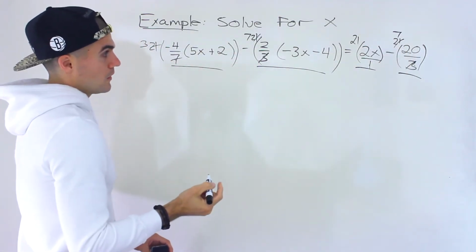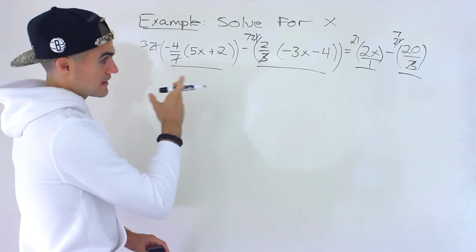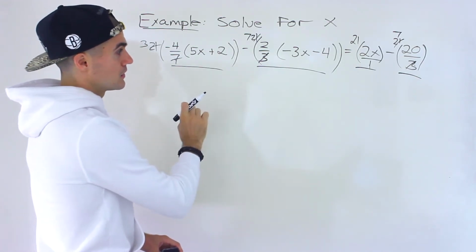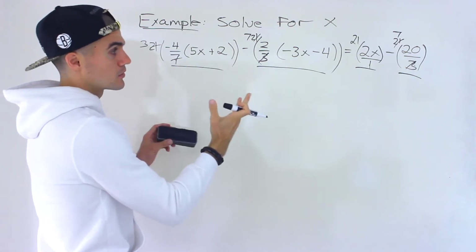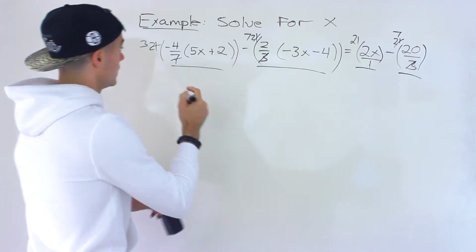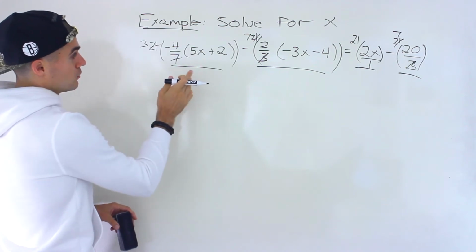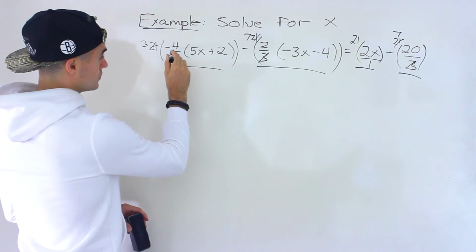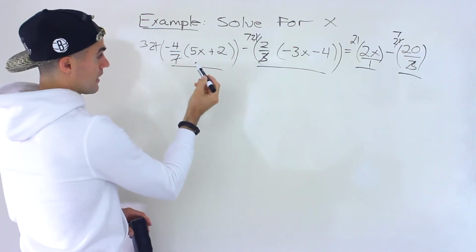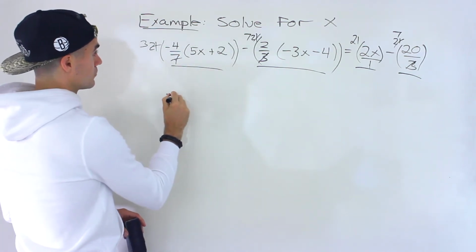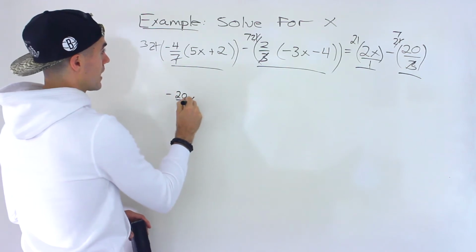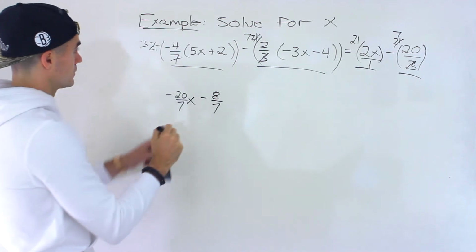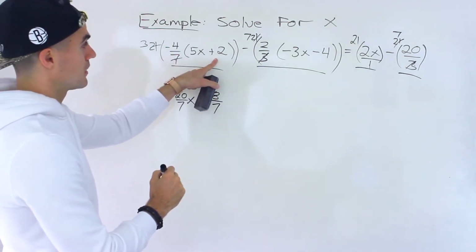So that's one way to go about it, and that's the way I'm going to show you in this video, you would be dealing with just numbers. There wouldn't be any more fractions involved. But if you didn't go about it that way and you decided to deal with the fractions, you would take the negative 4 over 7 and then expand it in the bracket, so you'd end up with negative 20 over 7x, and then you'd end up with minus 8 over 7 when you take the negative 4 over 7 multiplied by the 2.